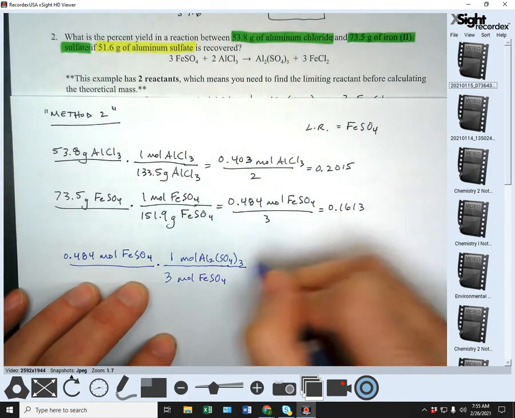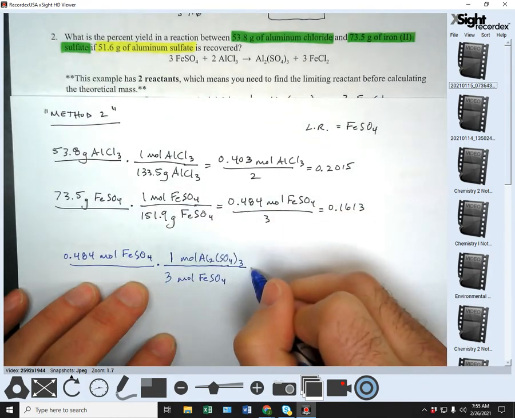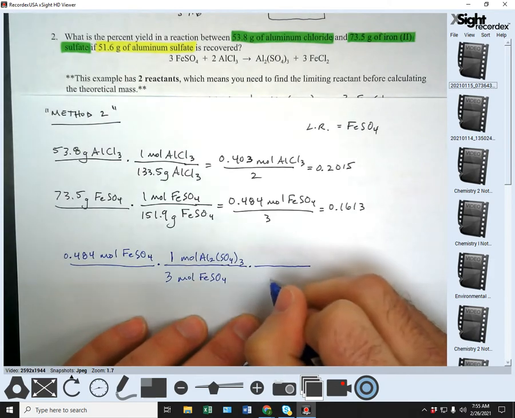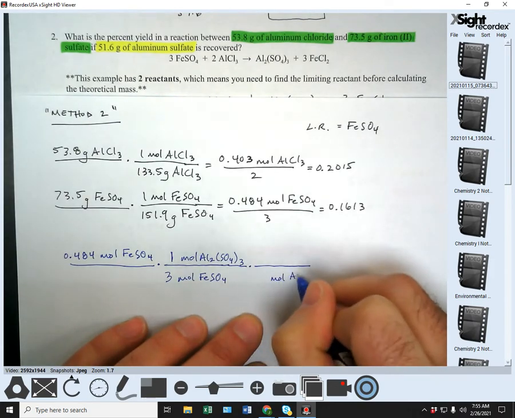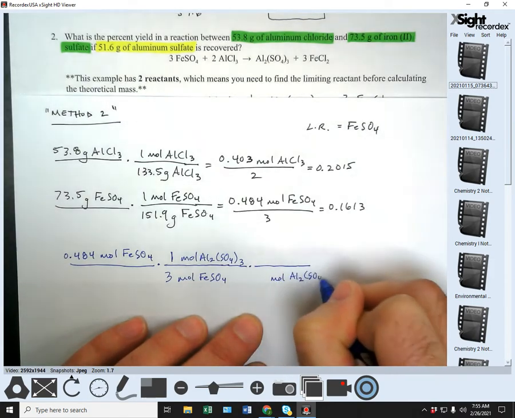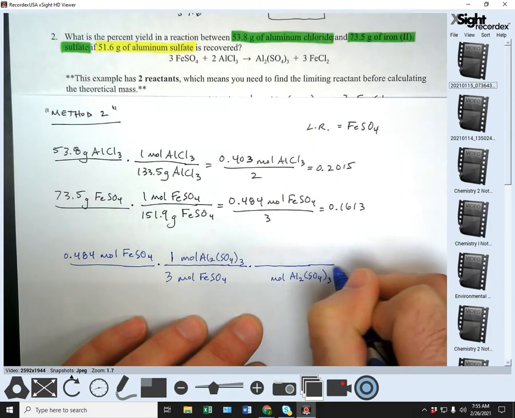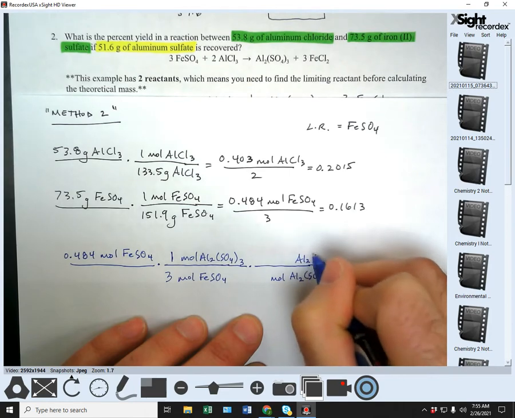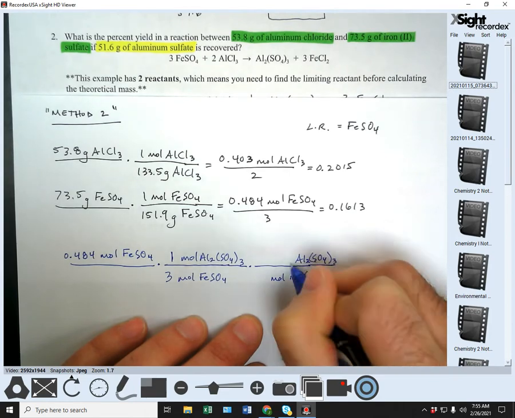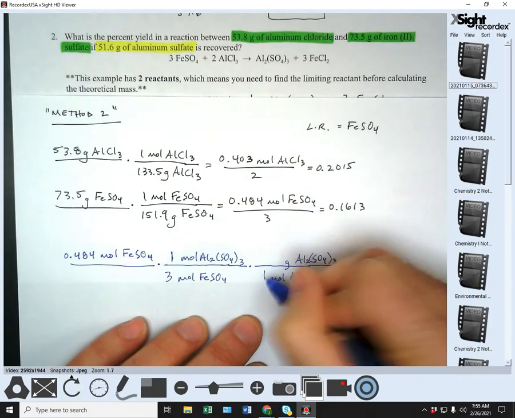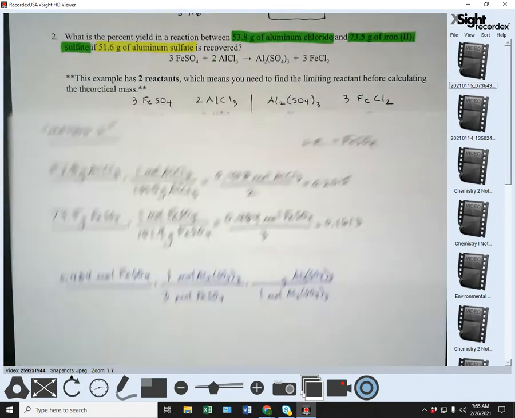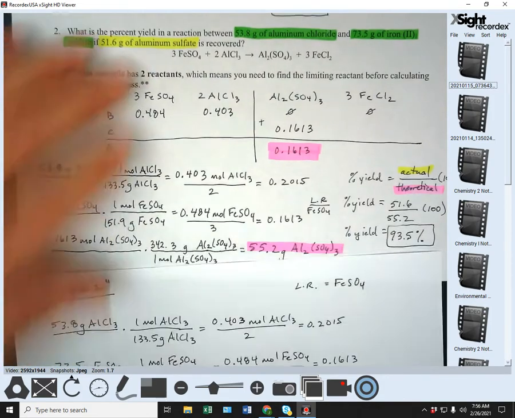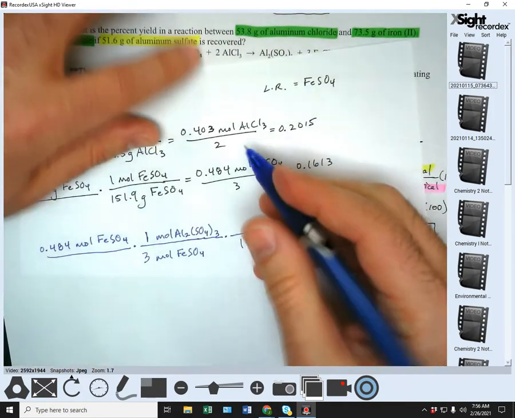And then I'm going to go from moles of Al2SO43 into grams. Okay, so 1 mole and for, what did we say the grams were before? We already did the math. 342.3.